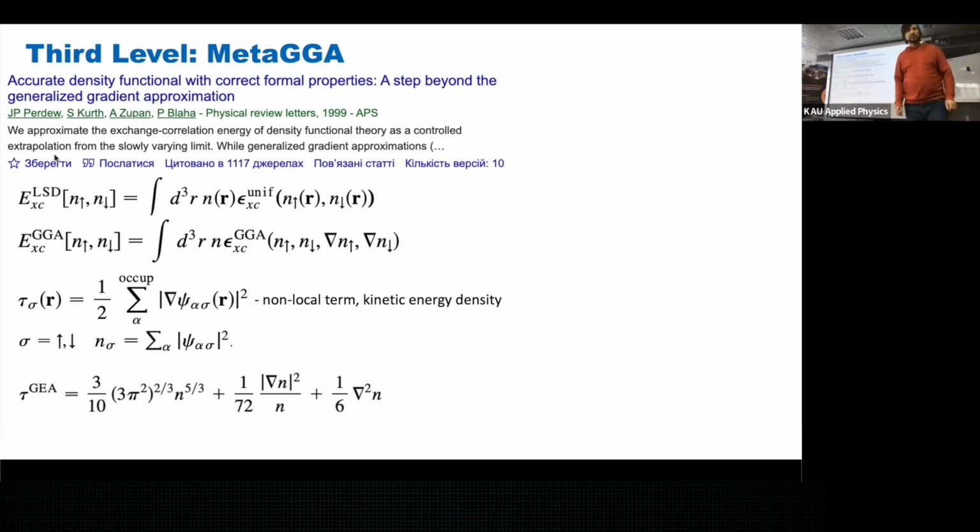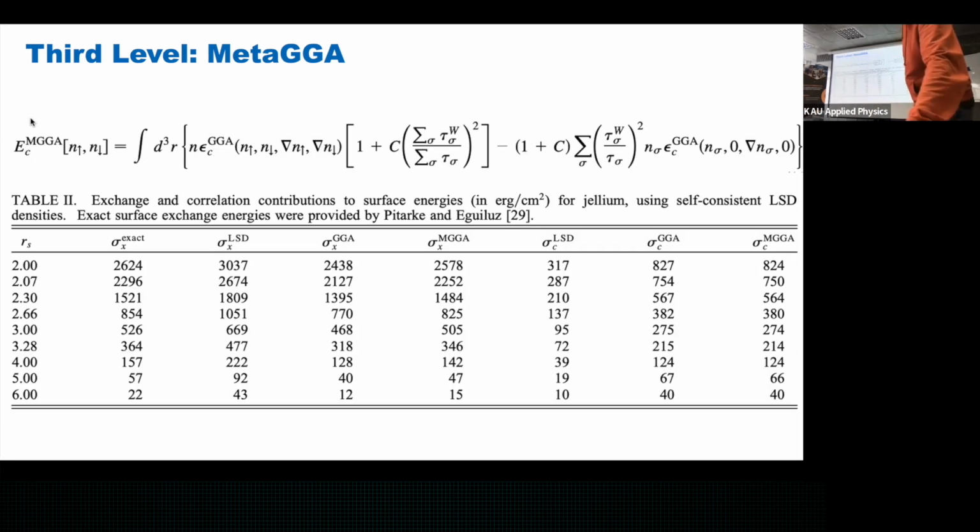And what is the idea behind this? How does it improve our calculations? Here you see the exact exchange energy. It means that it was created from Hartree-Fock with all these psi functions. And you see that LDA overestimates the exchange.